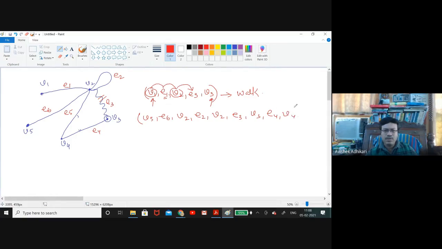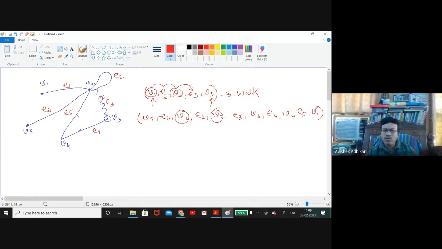Maybe you can stop here, or you may go through E5 and then V2, and stop there. Now you can see that there are repeated occurrences of the vertex V2.